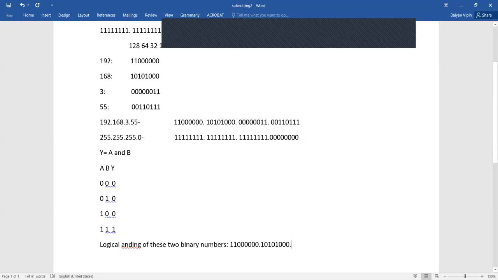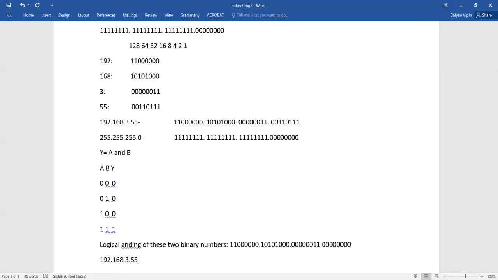So it will be 6 zeros and 1, 1. Now if I multiply this with this again, because all these are 0, the answer will be all zeros. So if I change this back into decimal numbers, then it will be 192.168.3.50.